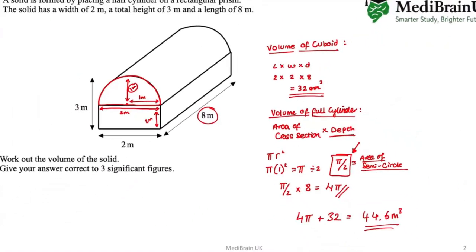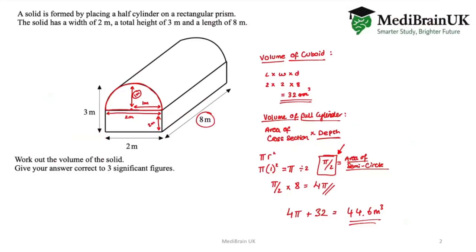All we did was we saw that this was a compound shape, meaning that there were two 3D shapes present within the same shape. Because there were two 3D shapes, we need to work out the volume of the cuboid at the bottom, then the volume of the half cylinder at the top, and then add them together. When we worked out the volume of the cuboid, all we did was length times width times depth.